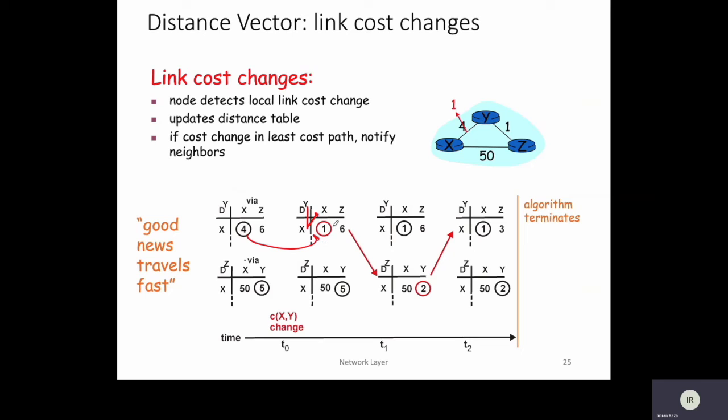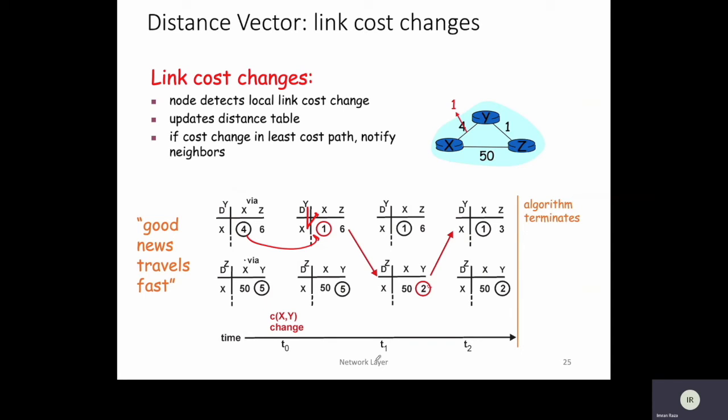Obviously this is the new least cost, and as soon as y learns about it, it informs its neighbor z. Immediately z says, okay, fine, the cost from me to y is 1, so 1 plus 1 is 2. So it also has a new least cost, that is 2, and it informs y about it. After a couple of iterations, the algorithm terminates or is in a stable state.